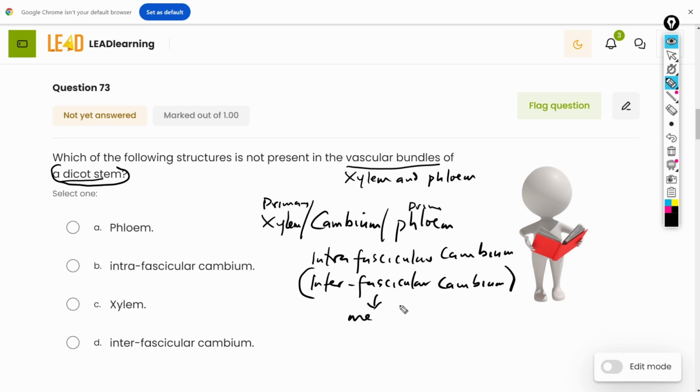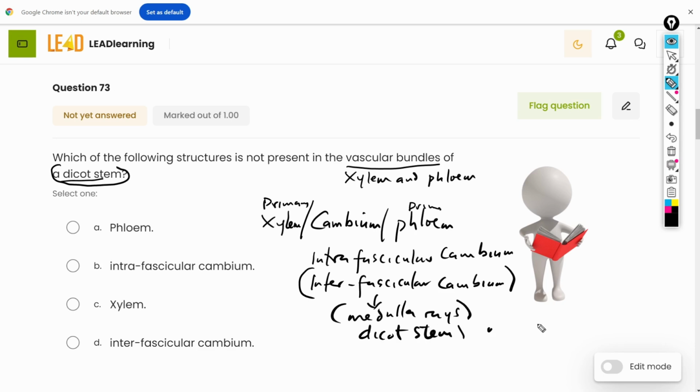If you look at the structure, you will see the medullary rays, and these medullary rays are only found in a dicot stem. In a dicot stem, you don't find this in a monocot stem.